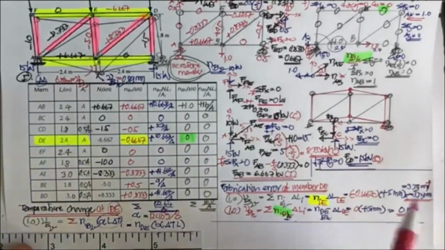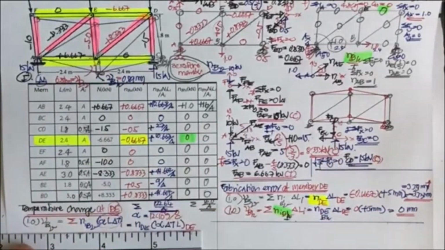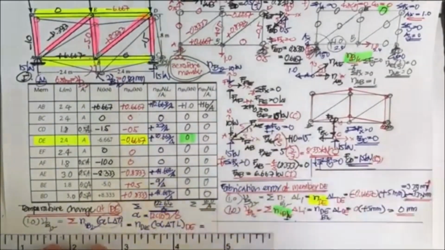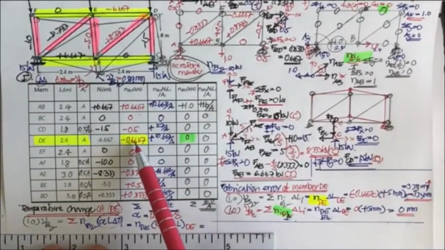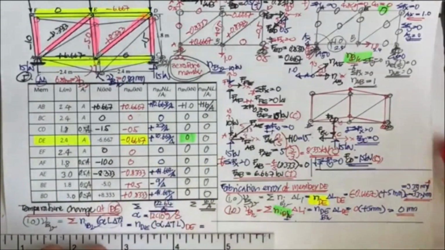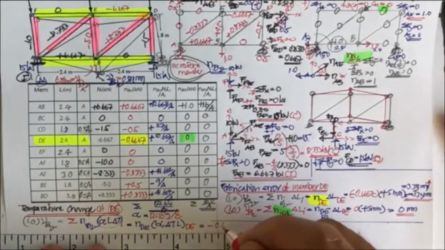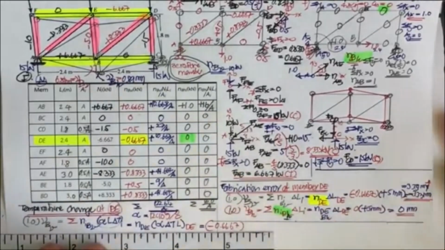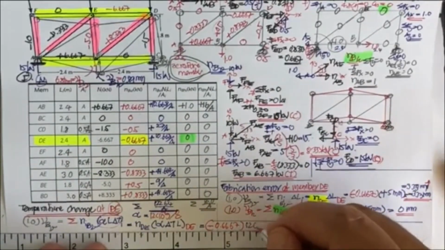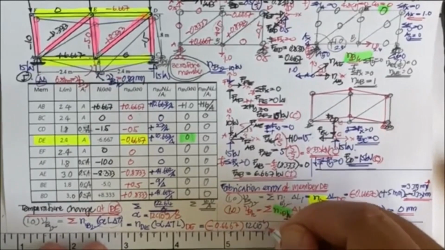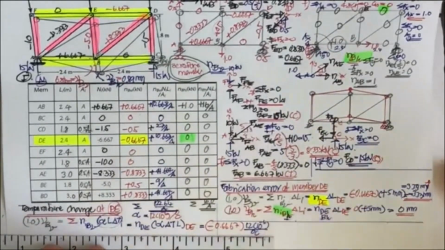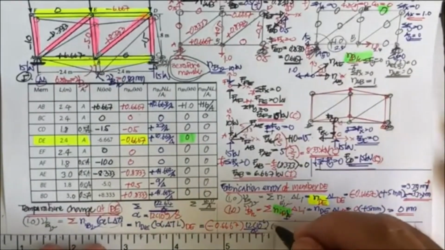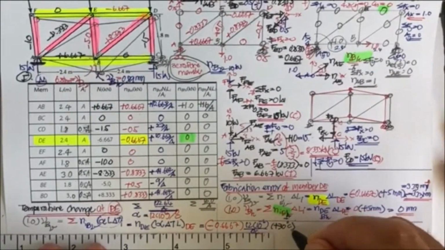And then if you put further into this equation, the n sub DE in the vertical direction is going to be minus 0.6667, and then alpha is going to be 12 times 10 to the minus 6 per degree Celsius. And then the problem says delta T is going to be 30 degrees Celsius.